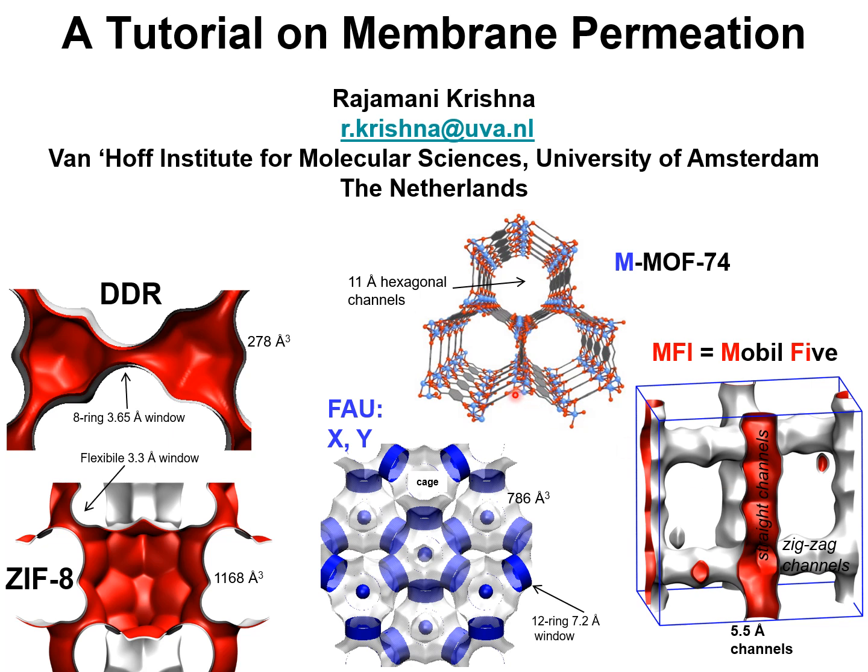There are 4 intersection sites per unit cell of MFI zeolite. A wide variety of channel dimensions, window dimensions, cage dimensions are possible.